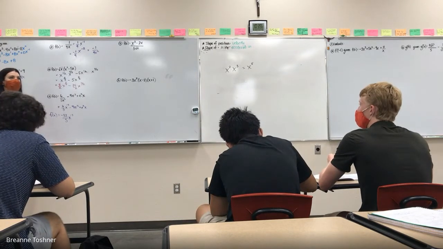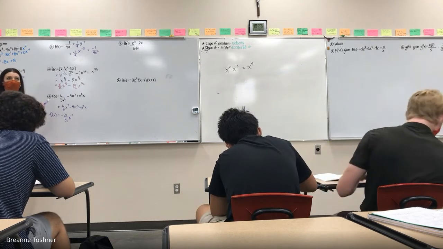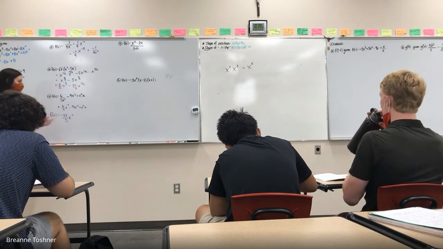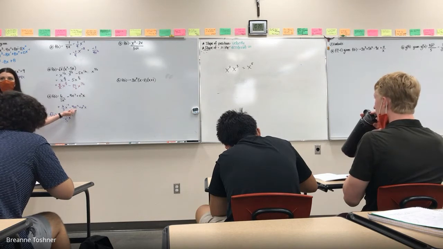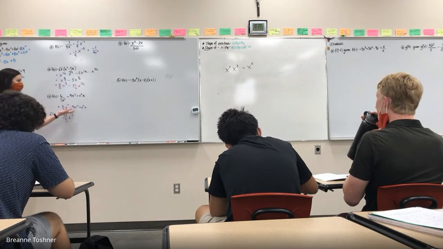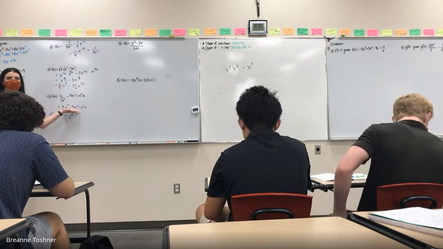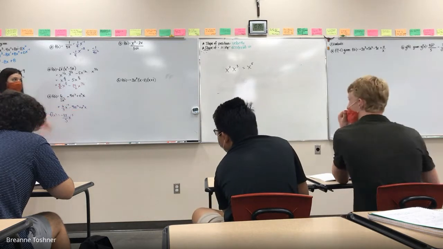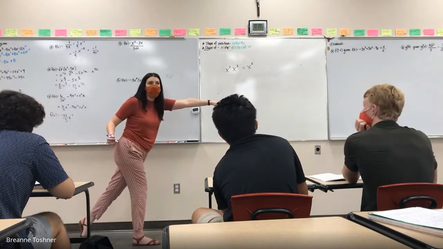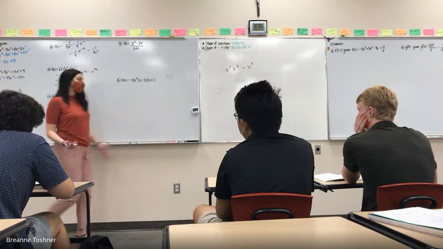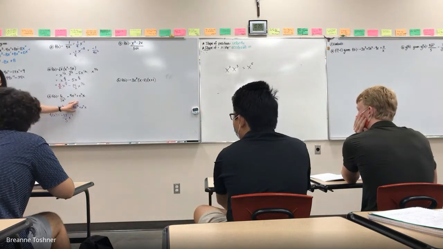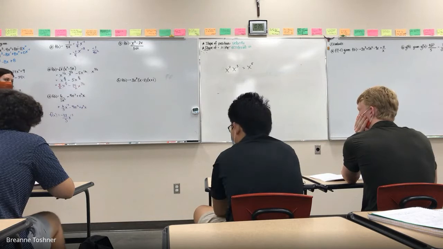What's pi? A number. It's around 3, right? Which means this is also just a number. It's like having minus 100 there. Minus 100 is, again, just a horizontal line with a slope of 0. Okay? That's a constant. Derivative of a constant is 0. Okay, that part goes away.